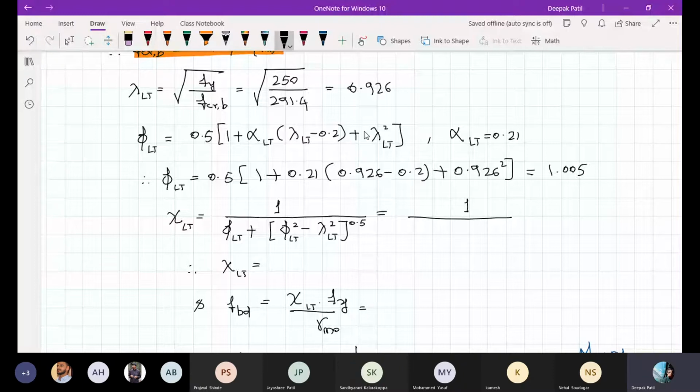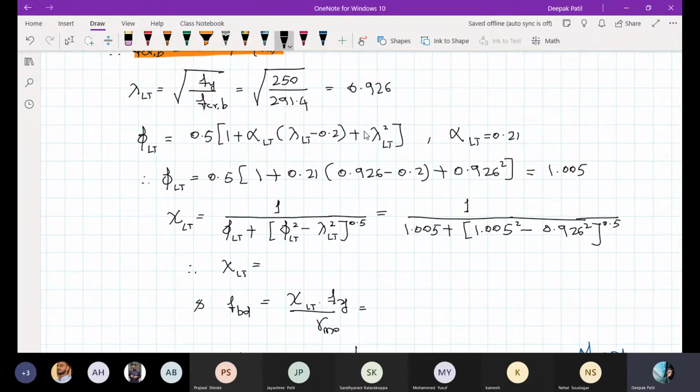Once I know phi LT, I can easily calculate chi LT, which is 1 divided by phi LT plus this formula. Let me just substitute that: plus 1.005 square minus lambda LT, which is 0.926 square, and this whole thing raised to 0.5.